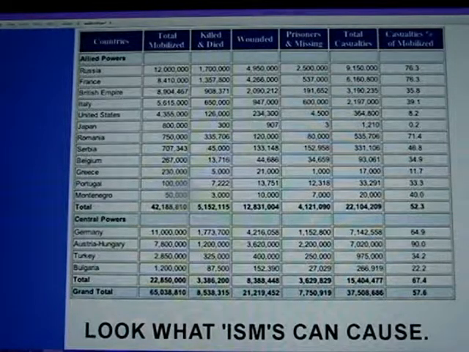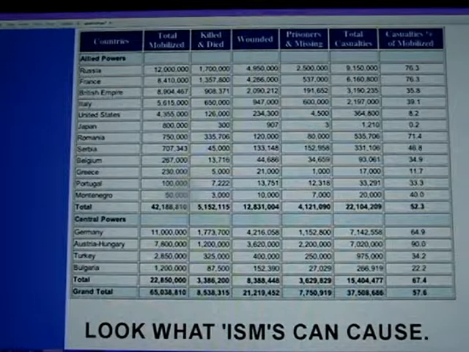So let's take a look at what isms can cause. This is the casualty report for World War I. And go right down to the bottom line, grand totals. 8,500,000 killed. 21 million wounded. Total casualties, 37,500,000.